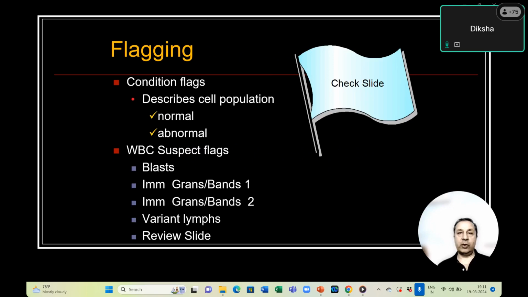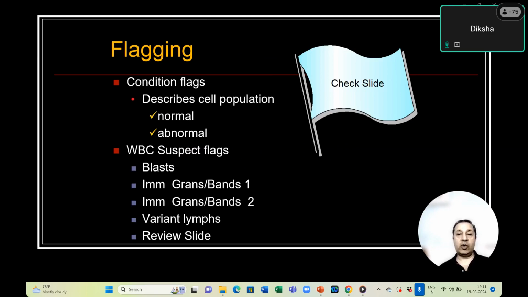So I'm sure by now we would have understood flagging basically means alerting the user of the hematology analyzer about a possible requirement of looking at the results, either from a review of a slide or from the standpoint that it's flagged on something which is important for us to look at or delve into.